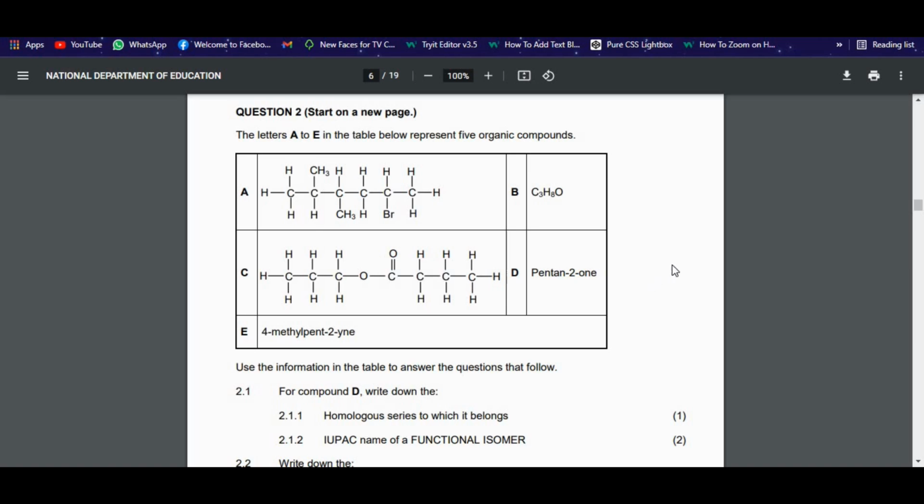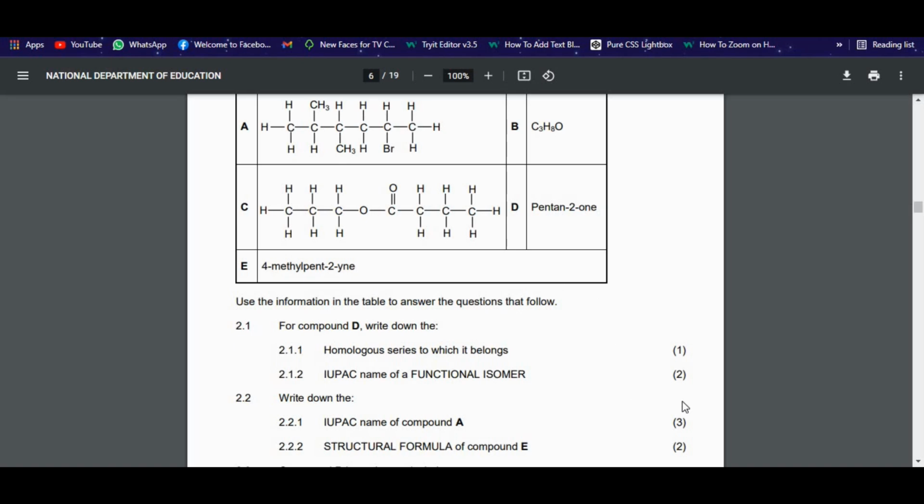So we'll start with question 2. Now the instruction here is that the letters A to E in the table represent 5 organic compounds. As we can see there, we've got the structural formula for A and C, the IUPAC name for D and E, and it looks like a molecular formula for B. Okay, that's fine.